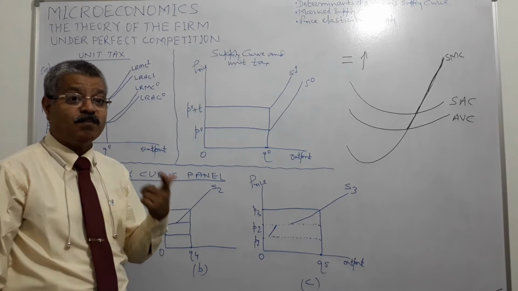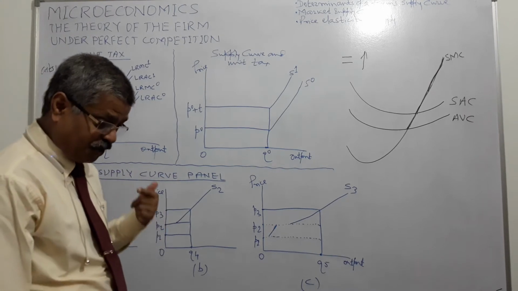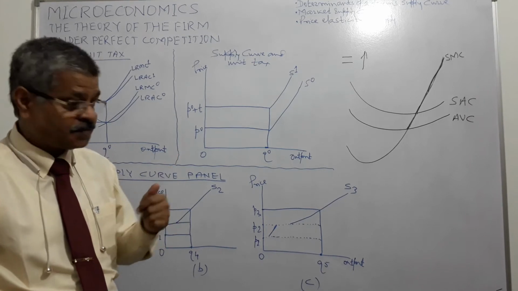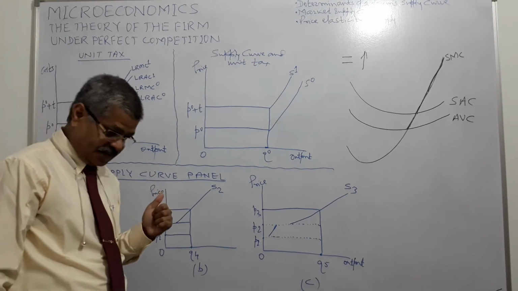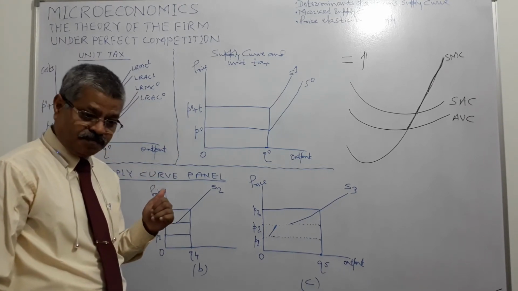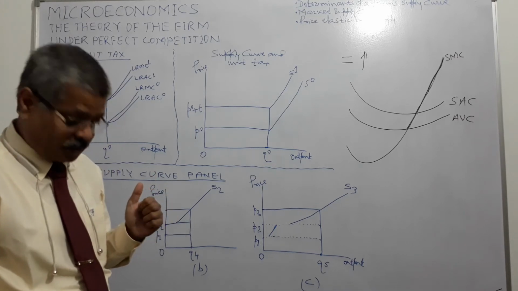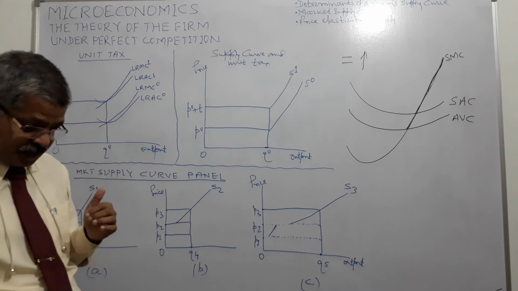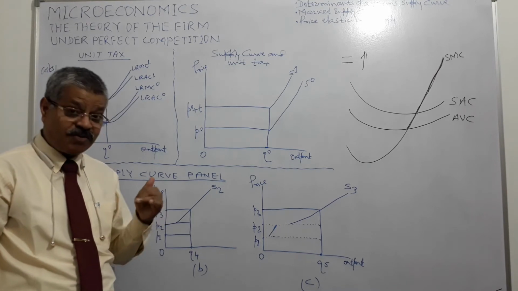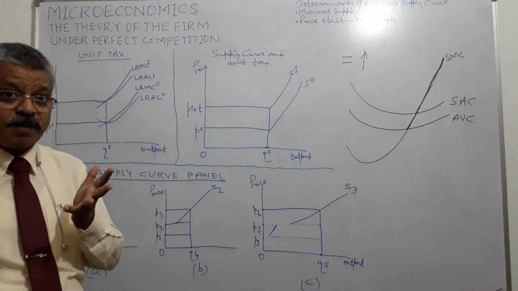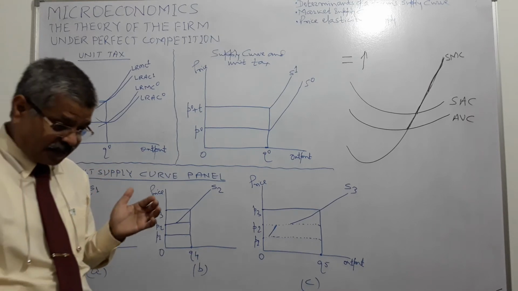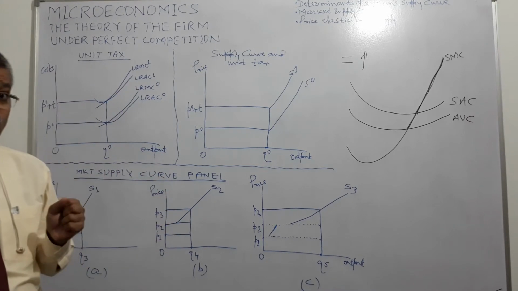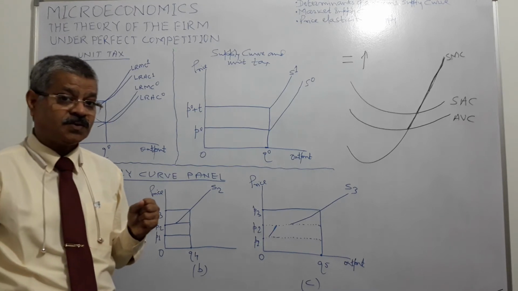I need to pay more, and the unit price of my product increases. So we have already discussed, when unit tax is increased, price goes up, it means average variable cost also will go up, and when the average variable cost goes up, marginal cost also goes up.